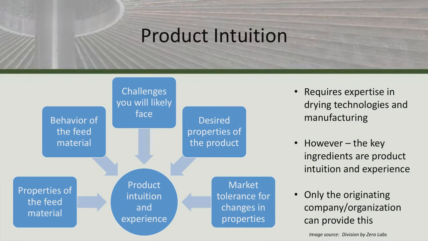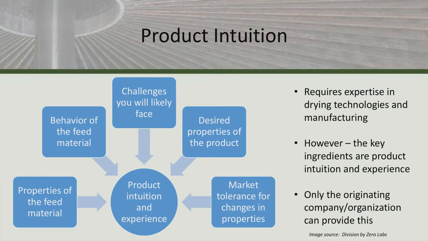So I want to talk about a thing that I call product intuition. This is basically the key ingredient to a very good scale up. And product intuition is something that basically only the inventor or the originator of the technology has.